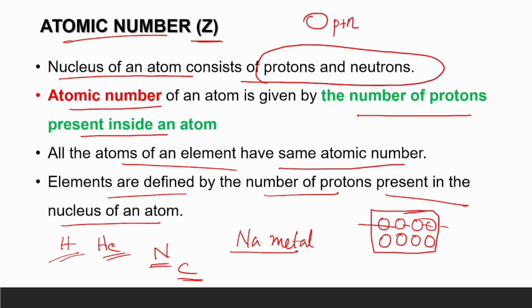Or we can say we can distinguish each element by its atomic number. Note down, each element will have a different atomic number. Hydrogen will have one atomic number, helium will have a different atomic number. Why? Because atomic number is the number of protons present inside the nucleus of an atom.